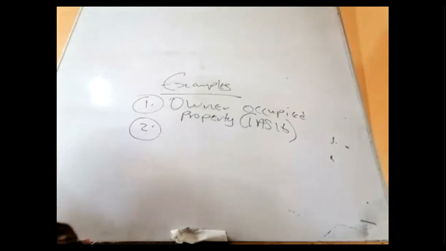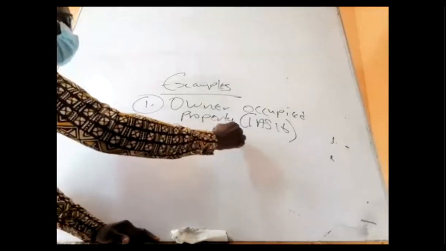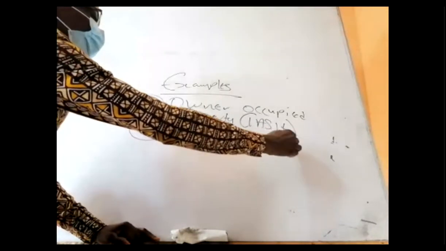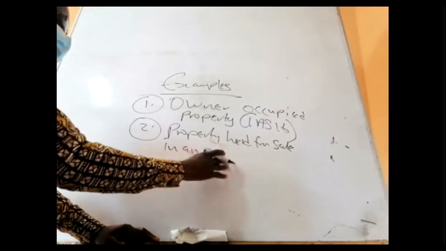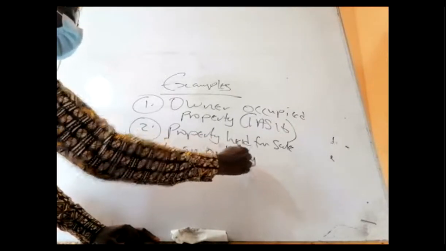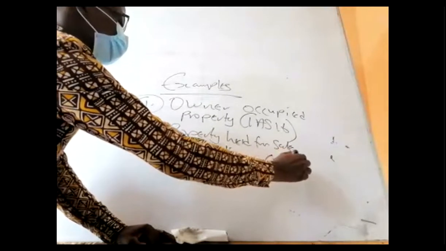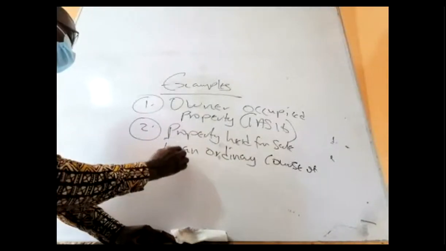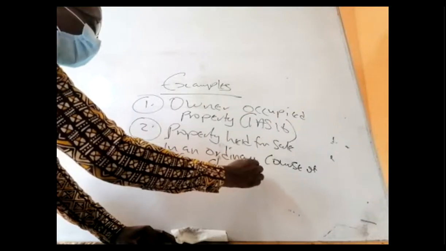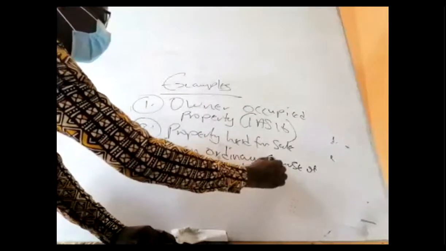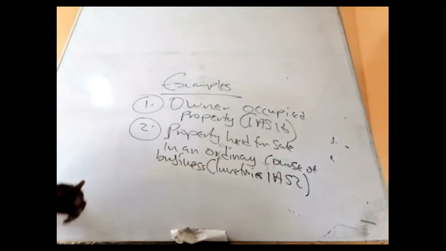Number two, property held for sale in the ordinary course of business, like your normal trading. That is inventory. And which standard talks about inventory? IAS 2 talks about inventory.